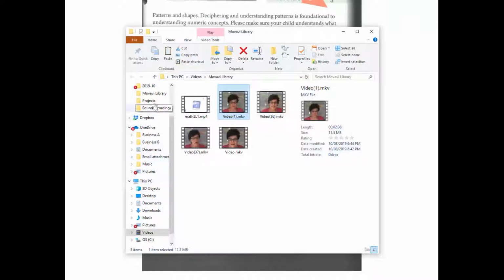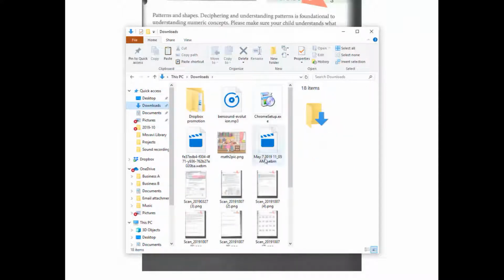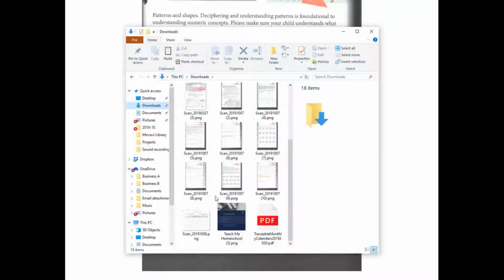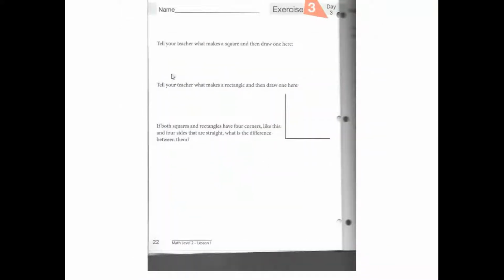Let me bring this up for you so you can see it. It would be this page right here. Ta-da! Tell your teacher what makes a square. Remember what makes a square? There are 4 straight lines that make a square.